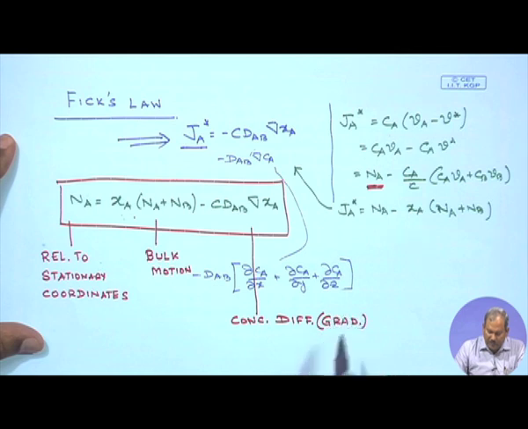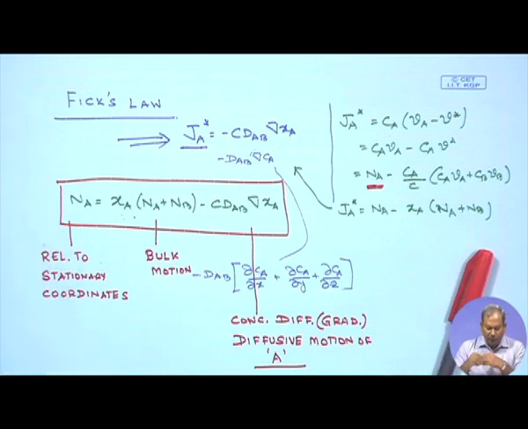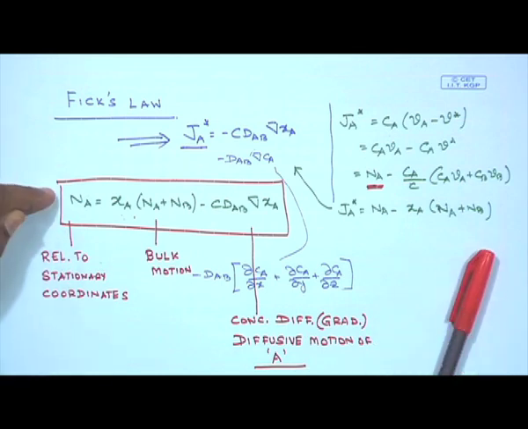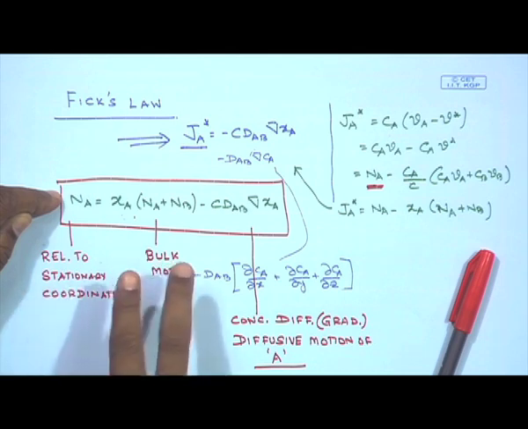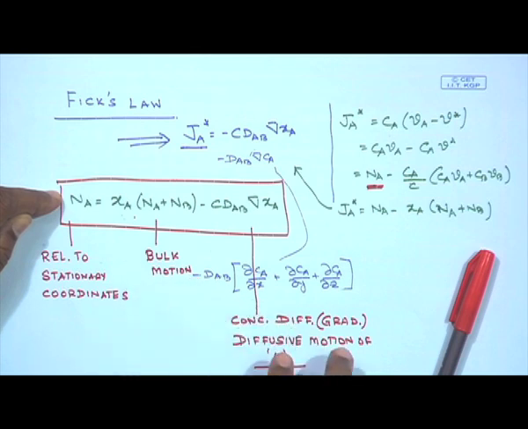More correctly, if you have a concentration gradient present in the system, then this is going to give rise to a diffusive motion of species A. So, the total effective motion of species A is the algebraic sum of the species movement due to bulk motion and the species movement due to a concentration gradient imposed due to certain conditions.